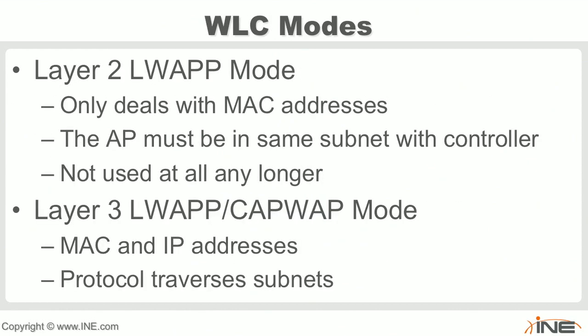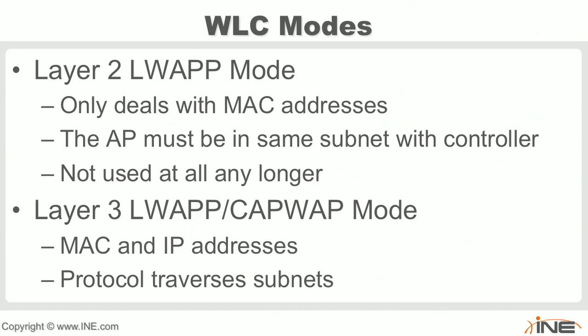Taking a look at the modes of wireless LAN controllers, when we were still in the olden days of LWAP protocol, we had the option of using layer 2 LWAP mode. This only dealt with MAC addresses. The access point had to be in the same layer 3 subnet or layer 2 wired VLAN as the controller.